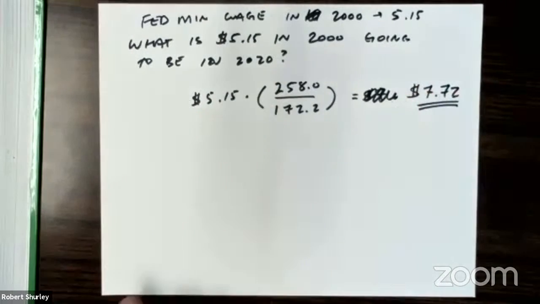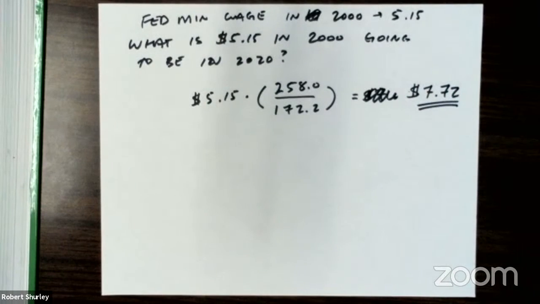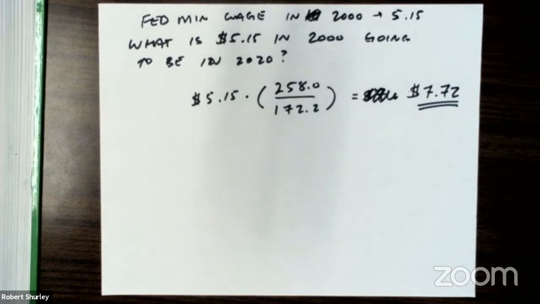But in math class, that's what this shows. If you wanted to argue that's not what minimum wage is for, you probably wouldn't look at this data. But if you wanted to argue that that's exactly what minimum wage is for, then you would maybe look at this data and say, no, we don't need to increase federal minimum wage. It's kept up with inflation.